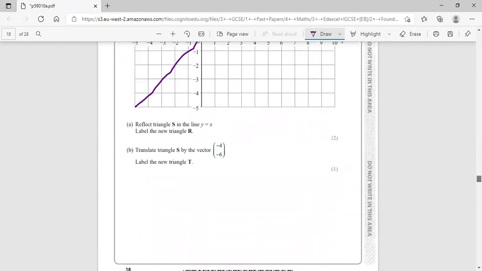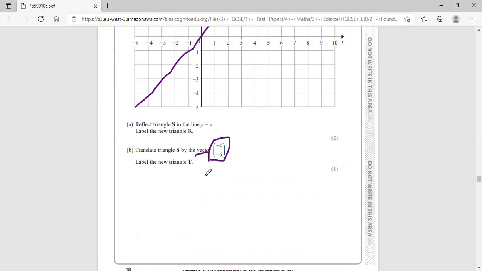Next, we have translate triangle S by the vector, a column vector, -4 over -6. Label the new triangle T. So -4 is to the left, and -6 is down.